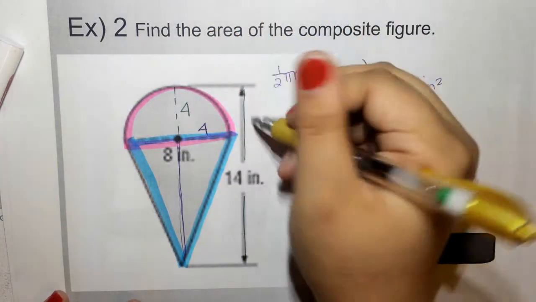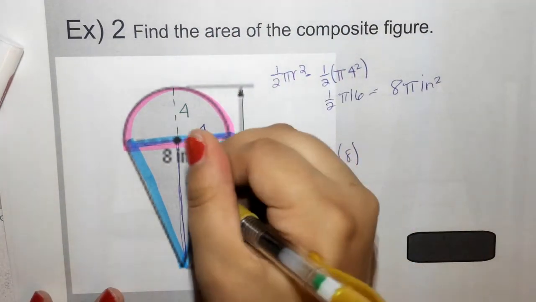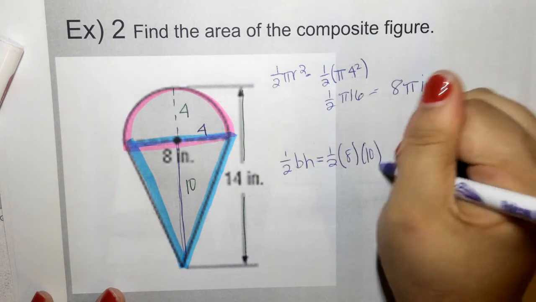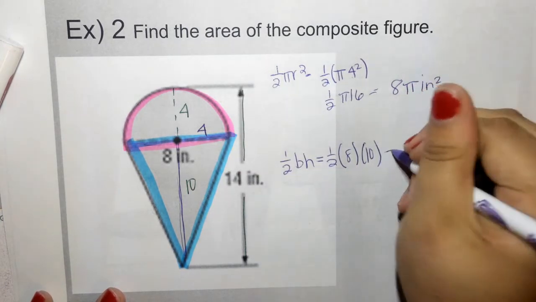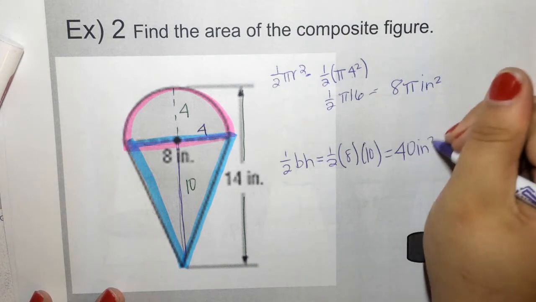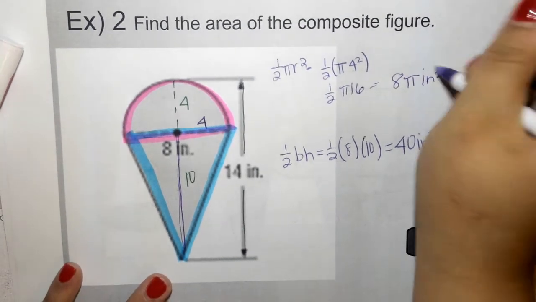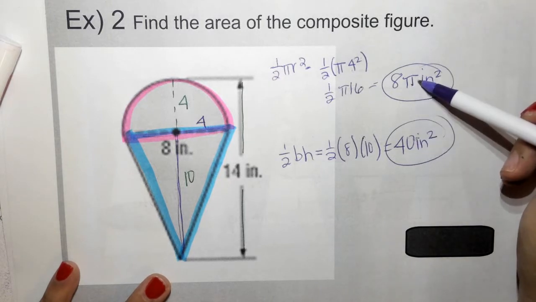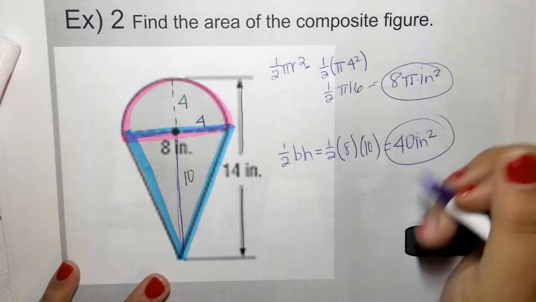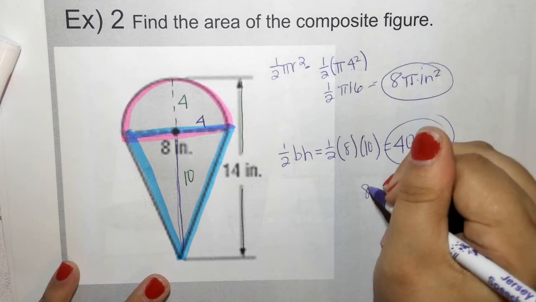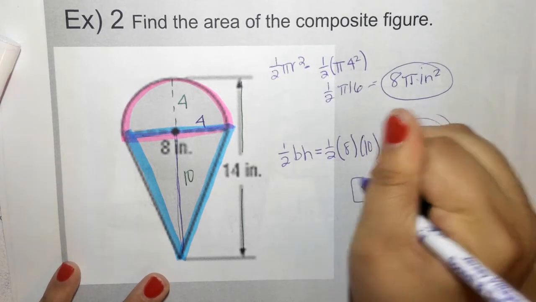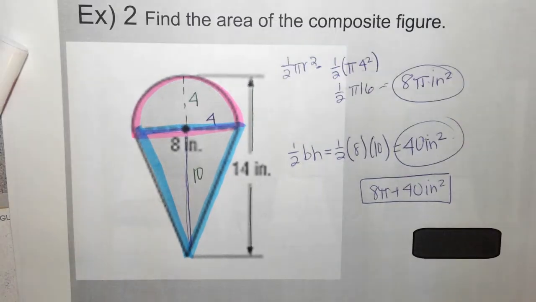So this is 4. So if the top part is 4, what's the height? 10. So 1/2 8 times 10 gives me 40 inches squared. Now I need to add these together. They're not like terms, and I want you to give me exact answers. So then I'm going to get 8 pi plus 40 inches squared. Okay.